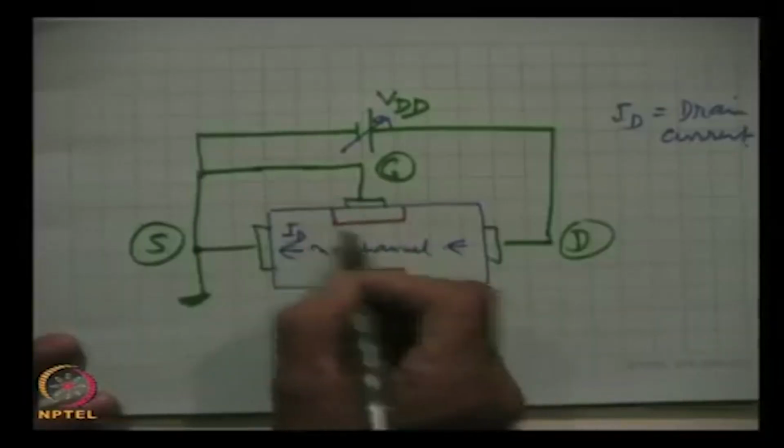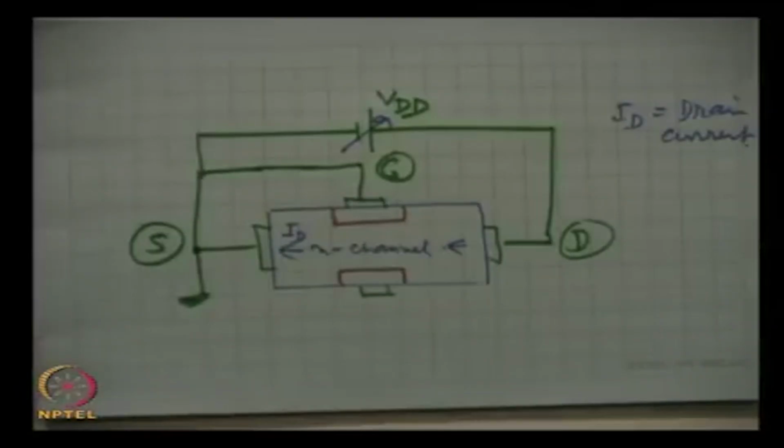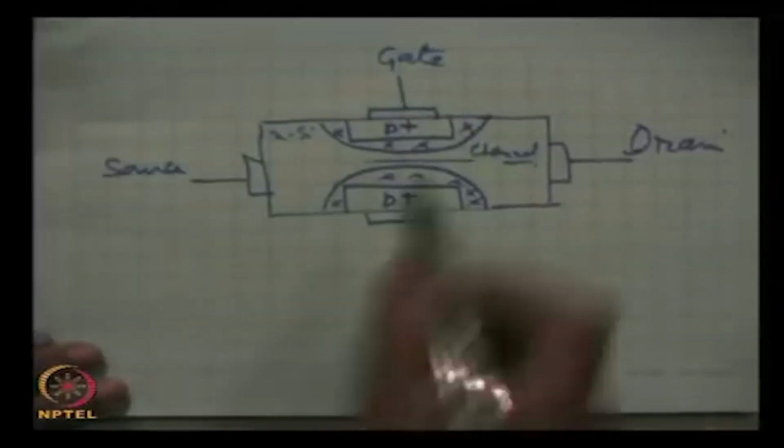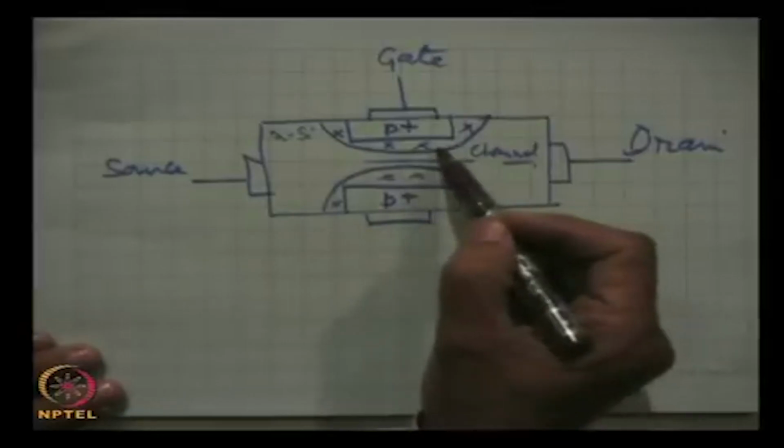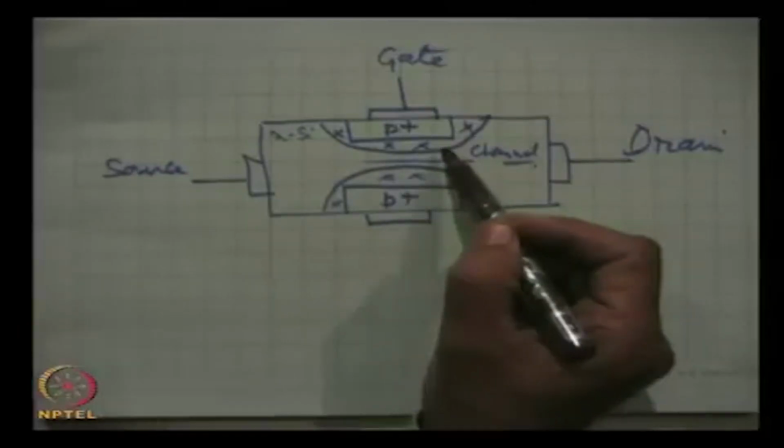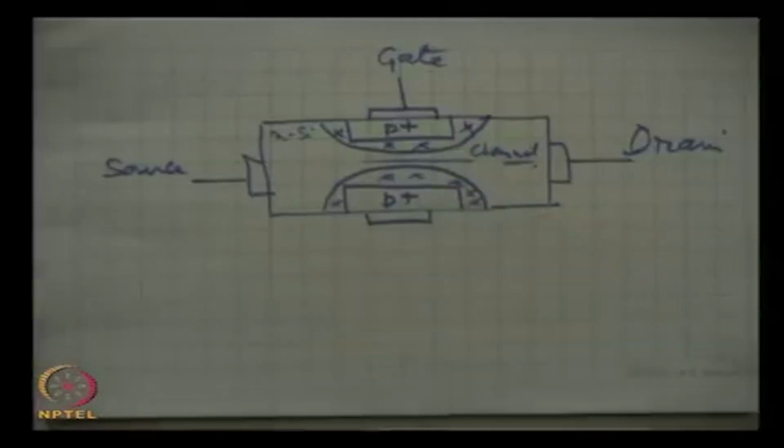The depletion region, this was the depletion region. The depletion region will be widened in two ways. You remember we said that the depletion width of a p-n junction increases on reverse bias.